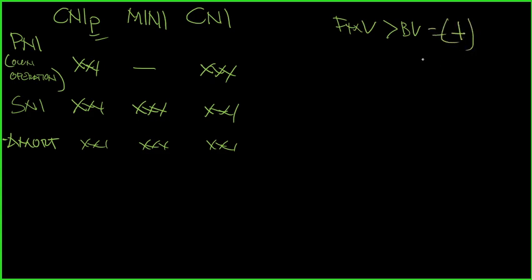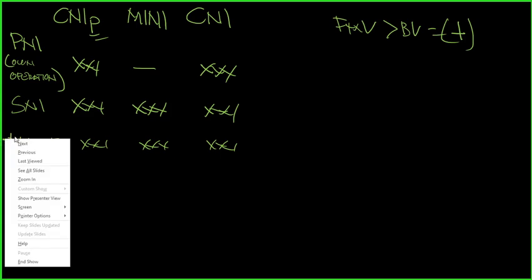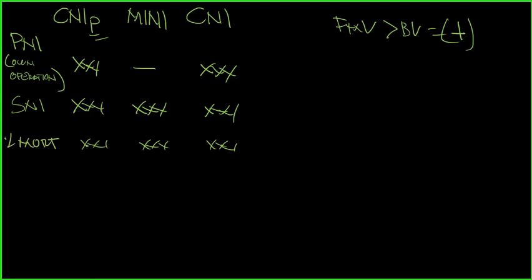Kaya kapag positive yan, ibabawas mo. Pag negative yan, idadagdag mo. Okay, so minus amortization. Pero sige, para hindi kayo malito, tanggalin ko yan. Amortization of excess, so babawas. Like your inventory kanina and PPE.